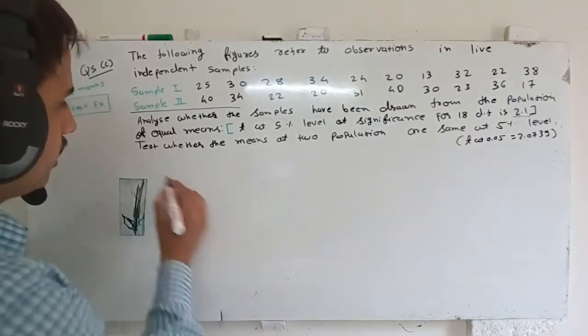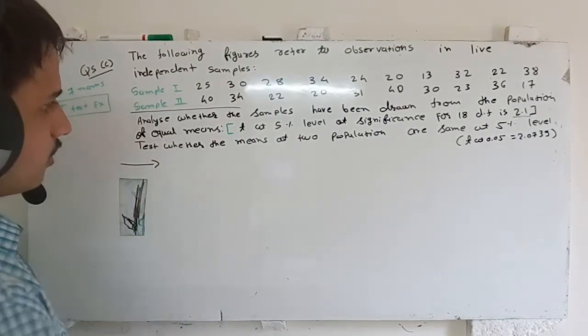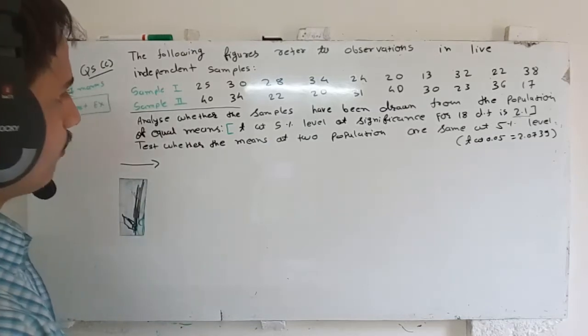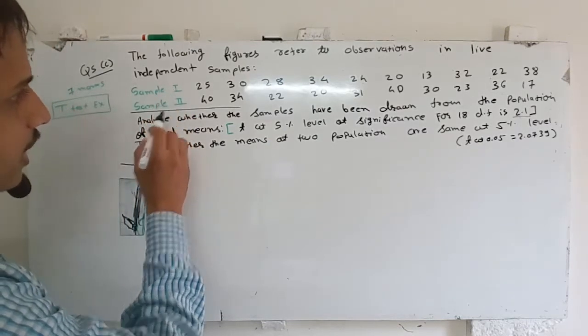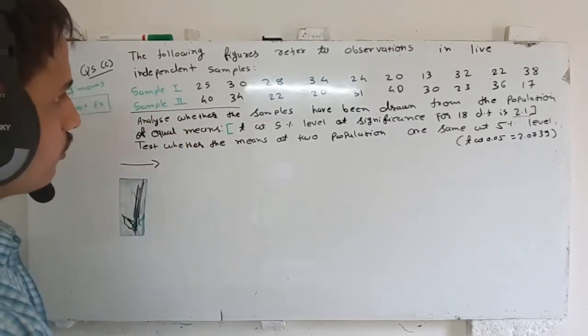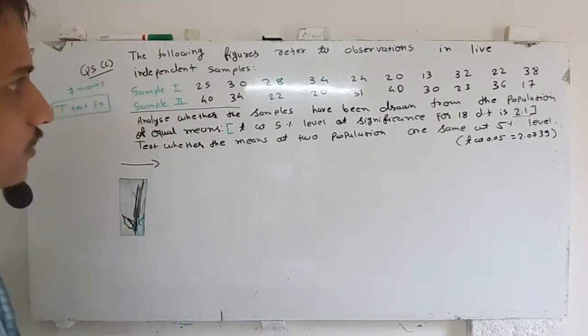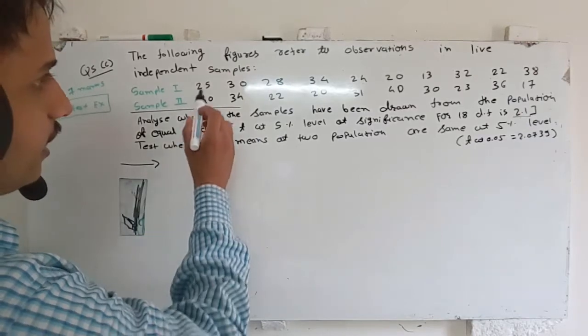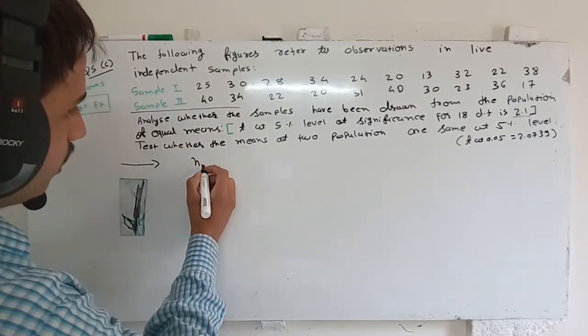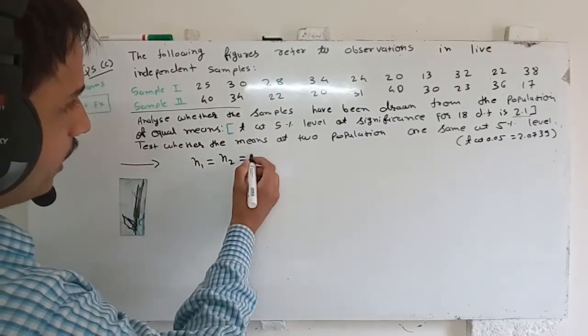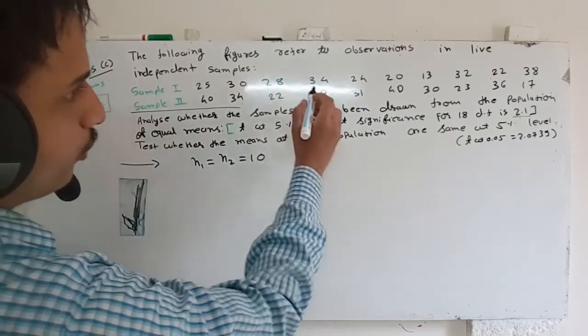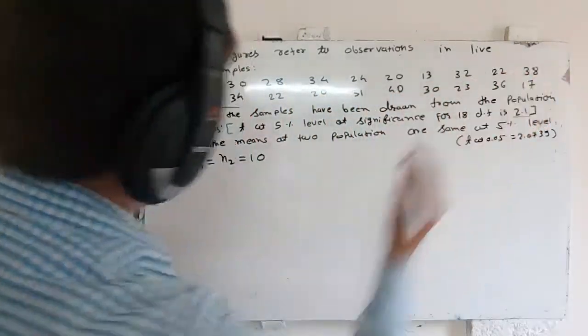Now we will begin this question by calculating sample variance of sample 1 and 2. So first we will calculate sample variance for sample number 1. In each and every sample we have a total of 10 datas: 1, 2, 3, 4, 5, 6, 7, 8, 9 and 10.